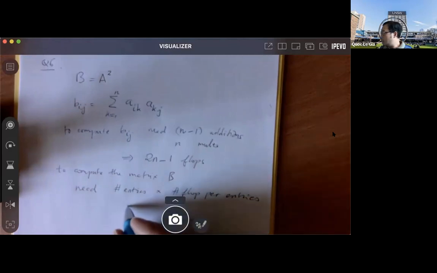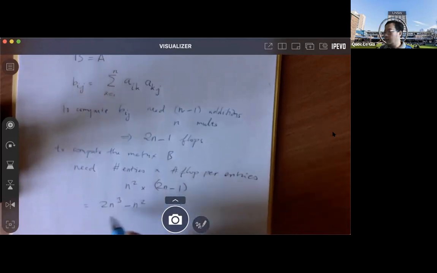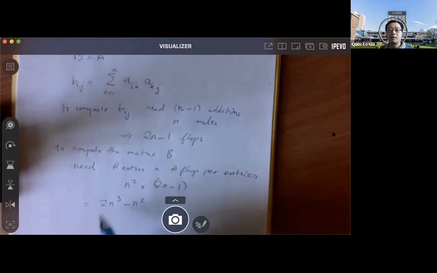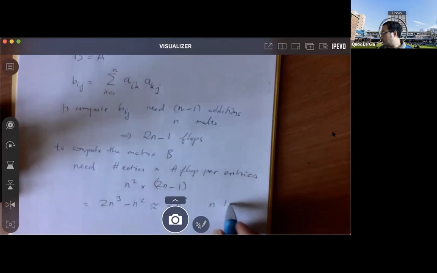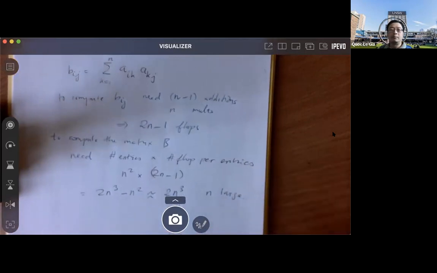N squared, yes, so n squared, and you multiply by 2n minus 1. So roughly it will be about 2n cubed minus n squared. But you can ignore the minus n squared, right? Because if n is big, this is roughly about 2n cubed. If n is large, like n is 1,000 or something, right?